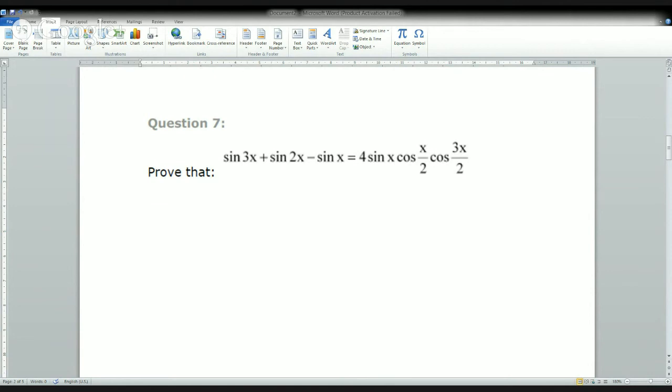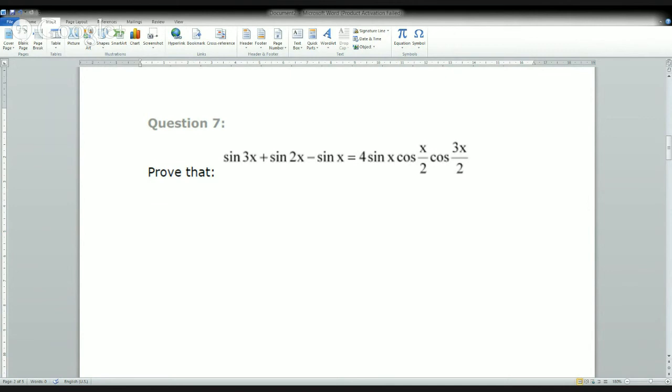Okay, now check this out. 2 cos of 3x by 2 common, it becomes sine of 3x by 2 plus sine of x by 2.